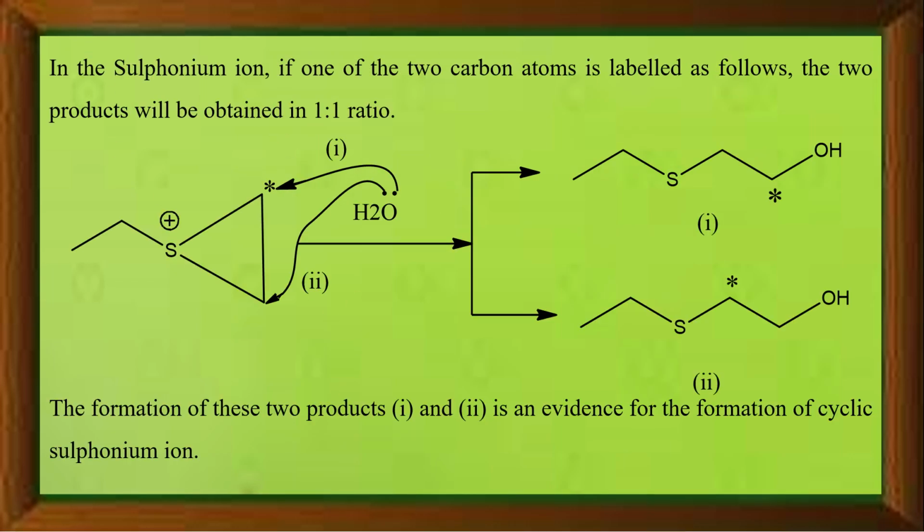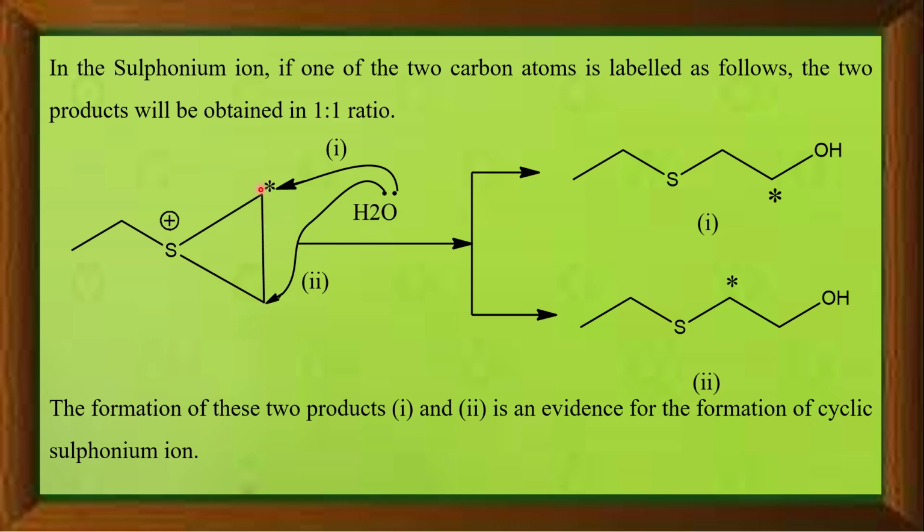In the reaction we discussed now, the cyclic sulfonium ion is the intermediate, and this labeled carbon is the one that was holding the chloride. Now the nucleophile can attack both the labeled as well as the unlabeled carbon here. Since both the carbon atoms are in a similar environment, the nucleophile can attack any one of the two carbon atoms.